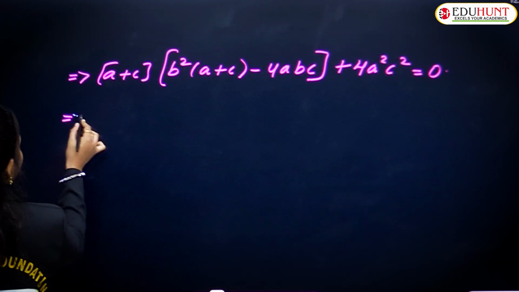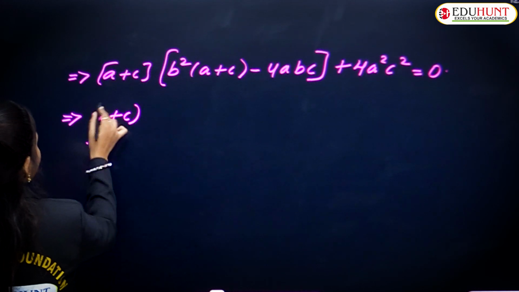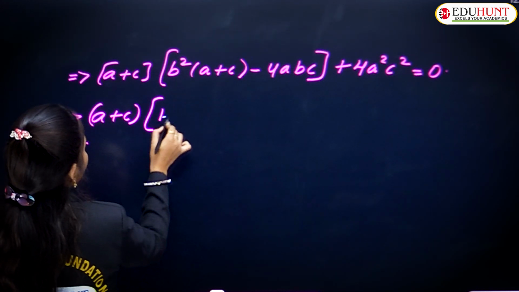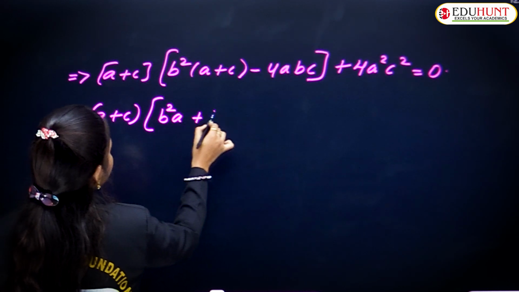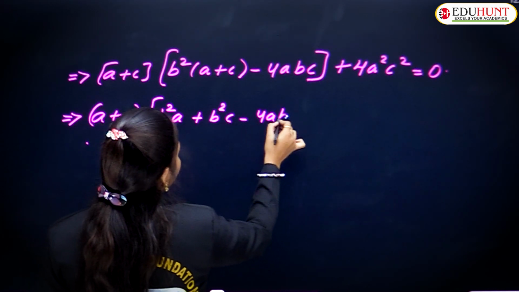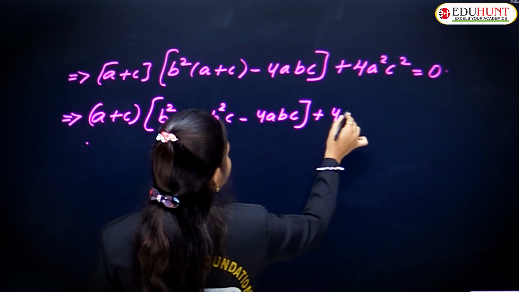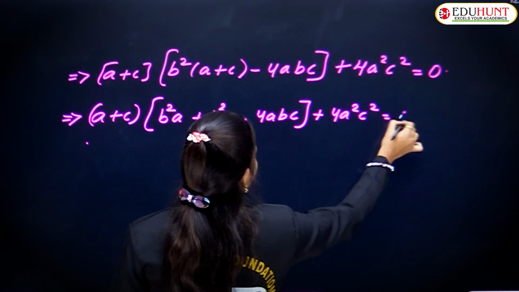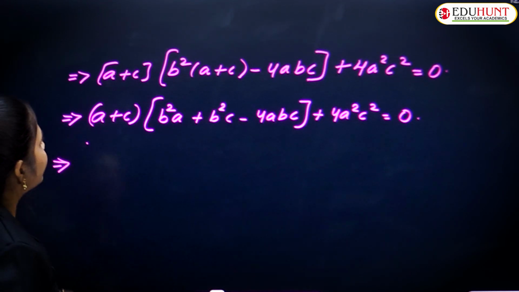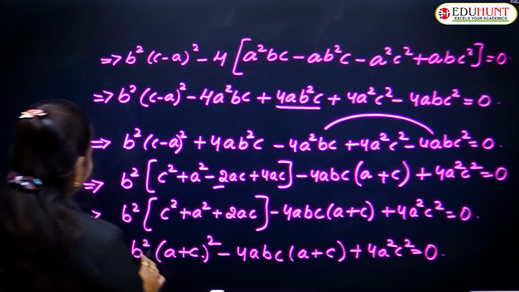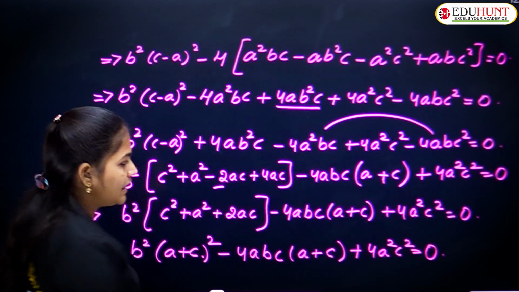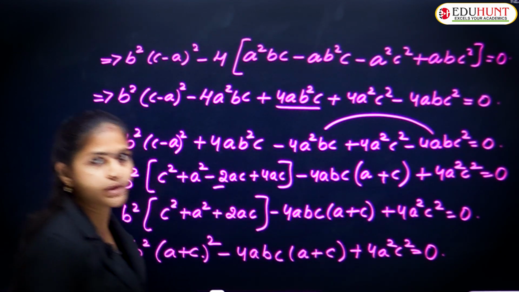So from this one, a plus c into, okay, now simplify this, b square a plus b square c minus 4abc plus 4a square c square is equal to 0. So children, see here, b square into a plus c whole square minus 4abc into a plus c plus 4a square c square is equal to 0.